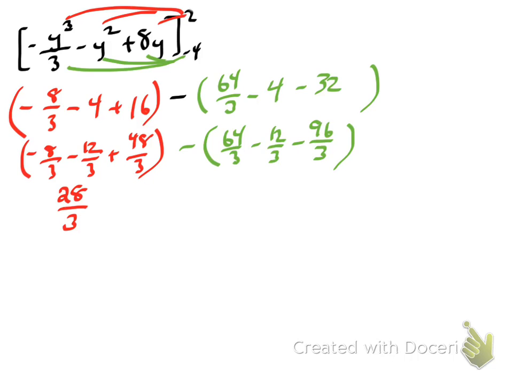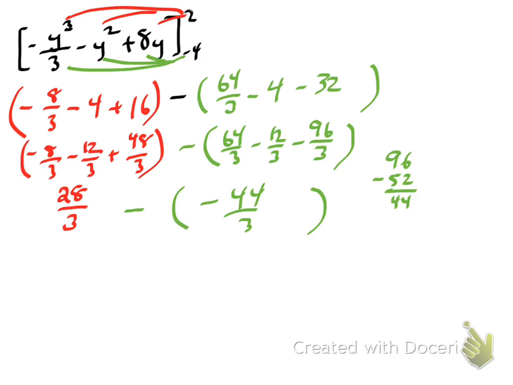This is going to be a bit of a challenge. 64 take away 12 will give me 52. 52 take away 96. What's the difference in 52 and 96? Let's see, that'll give me 44, looks like. So it's going to be negative because I'm taking away more, so negative 44 over 3.